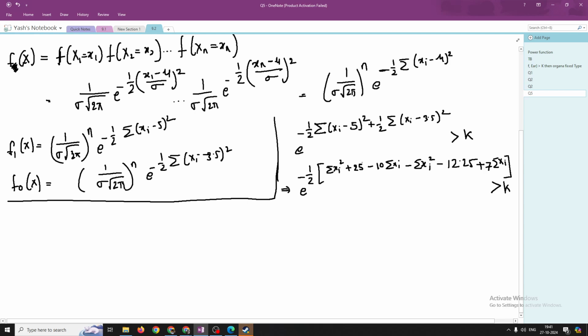The xi squared is going to cancel out, something will cancel out. So ultimately I have e to the power, and ultimately you will find that doing this much of thing is essentially not really of much consequence. But anyway, here the summation xi squared terms cancel. Here I have 25 minus, oh, this won't be 25, it should be 25 n, because if we apply summation to a constant a, it becomes n a, like summation a is equal to n a. Right, see, this is what I was saying, we can make mistakes. Very good.